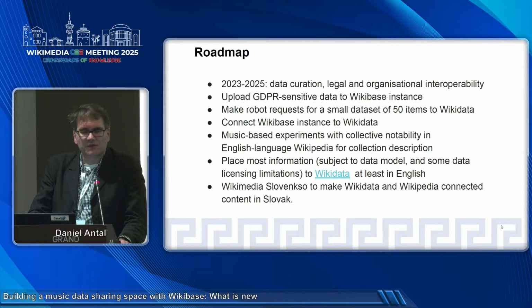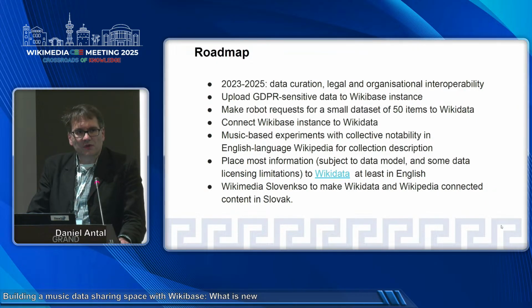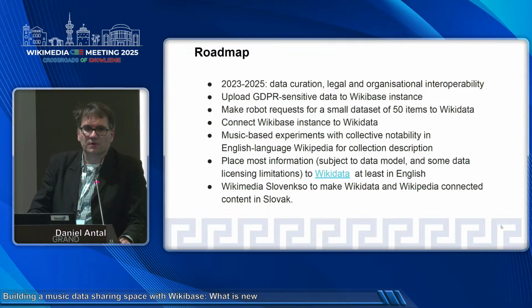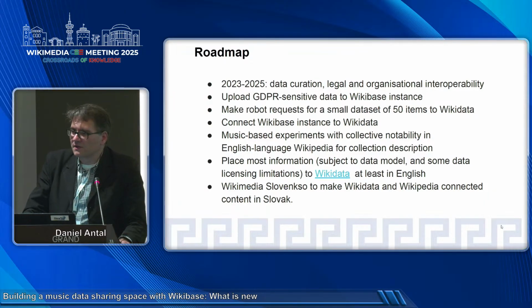There are also some lessons that can be learned for those who are more technically minded. Some of the work that we're doing is a little bit related to the Abstract Wikipedia project, because if you need to describe hundreds of thousands of musical works, probably you would like to use functions. So for example, almost every classical composer has a mass in C major or a sonata in B flat.